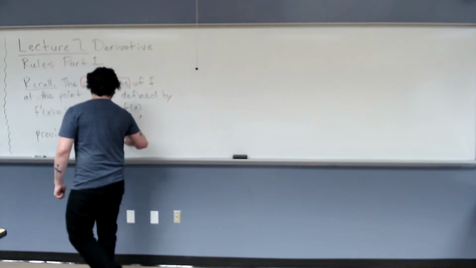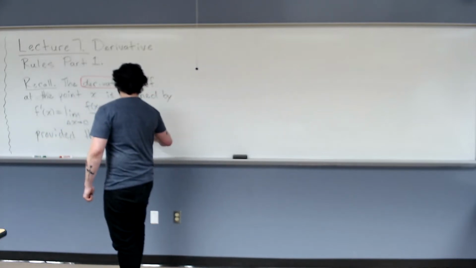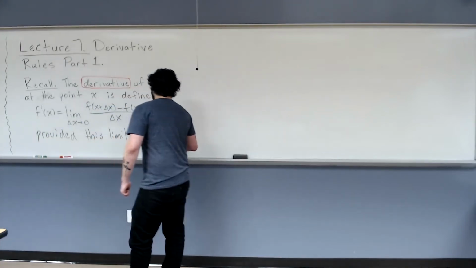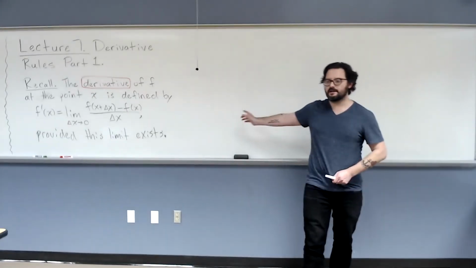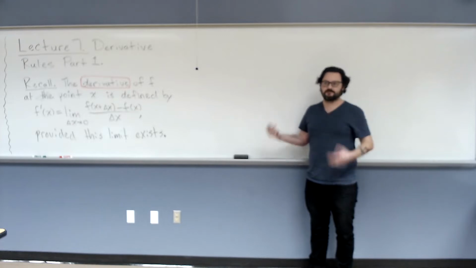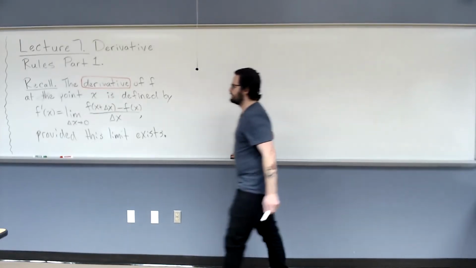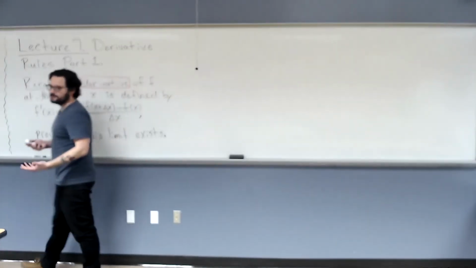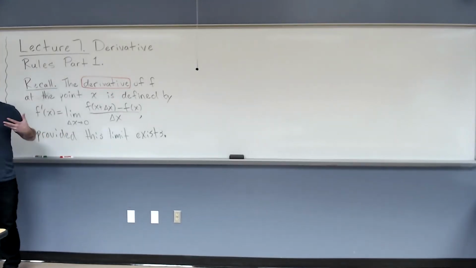Right? Which will not always be the case. We're not going to worry about those cases just yet. We will at some point, but for now, most of the examples we'll look at, this will exist.